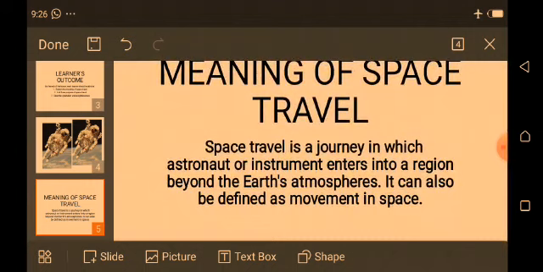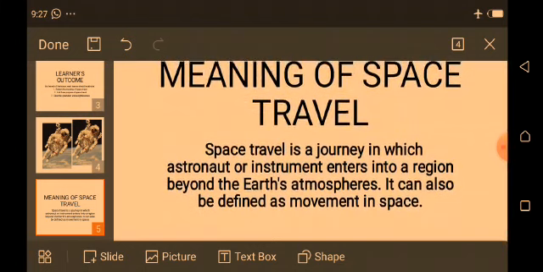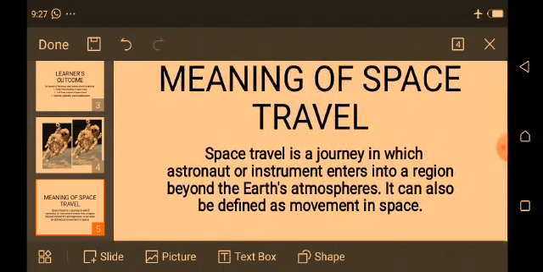But there are things that will help the instrument or the astronaut to travel into space. So the journey into a region beyond the Earth's atmosphere is referred to as space travel. Any movement that you can see in the space is referred to as space travel.